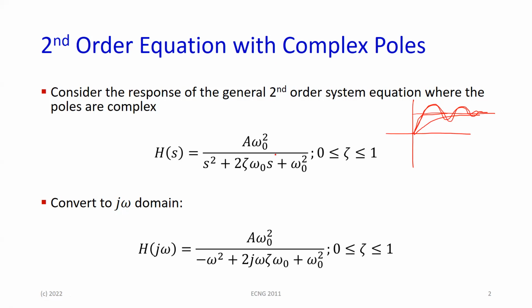And what made it oscillate was this particular factor, zeta, the damping factor. This is a second order system, and depending on the damping factor, which was in this range, the roots of this became complex. And at some point in time, if the damping factor was 0, the system oscillated, right?